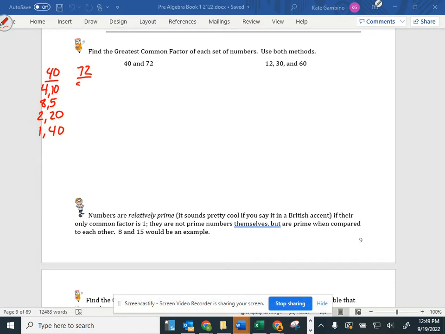Tegan? 8 and 9. Evan? 36 and 2. Emmett? 1 and 72. Oh, we've got more. James? 12 and 6. 18 and 4.